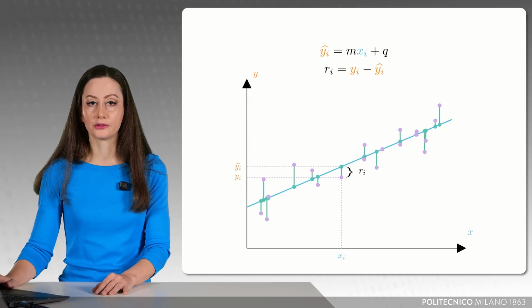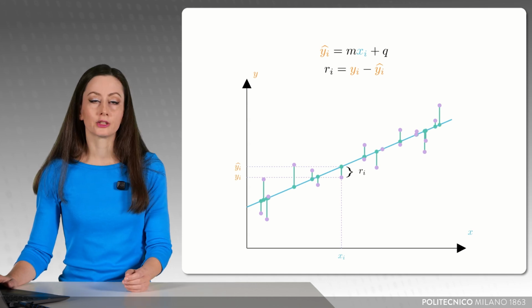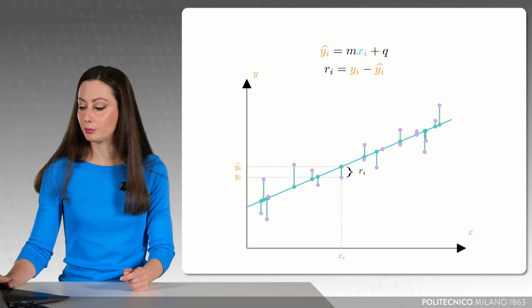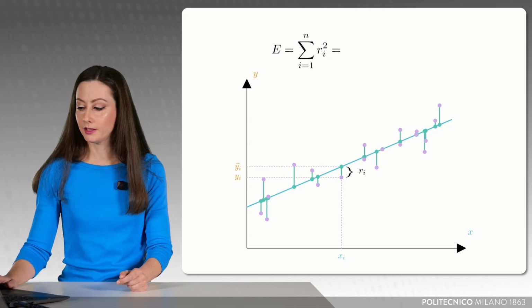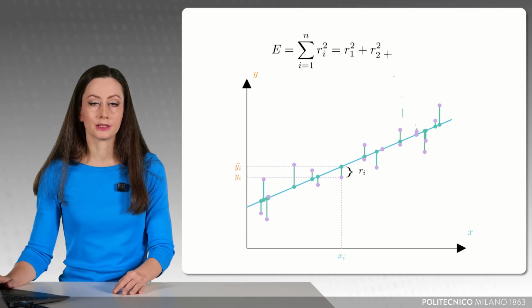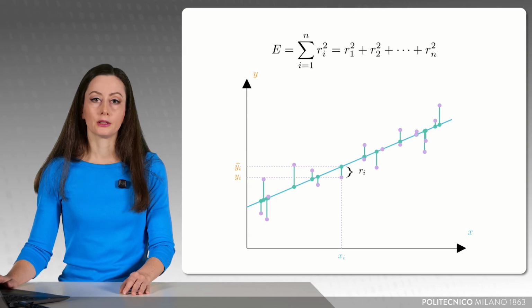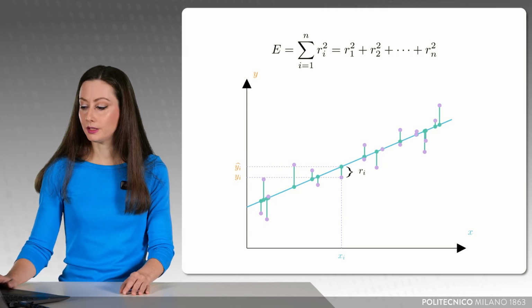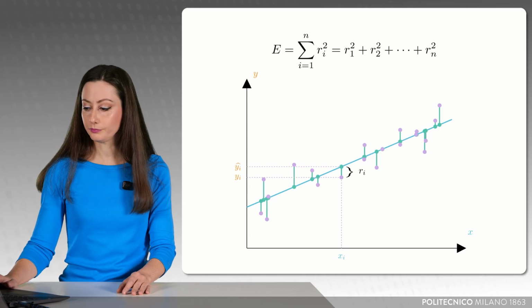Our objective is to find a line that minimizes these residuals, making the difference between observed data and model predictions as small as possible. More precisely, we look for the line that minimizes the sum of the squares of these residuals, that we denote by E. E is our score that quantifies the total error between observed and predicted data.